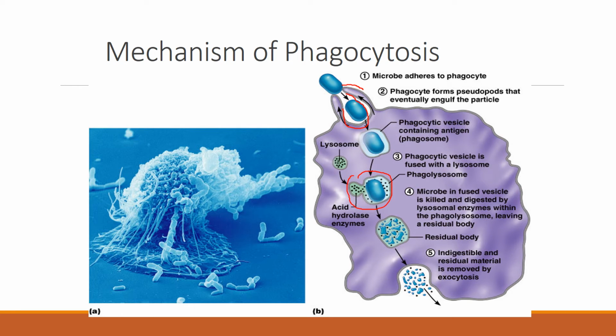Lysosomes tend to have an acidic environment that is going to puncture the wall of that bacteria, and then different enzymes will destroy it. Then via exocytosis, all that has turned into cellular debris that our body can get rid of.